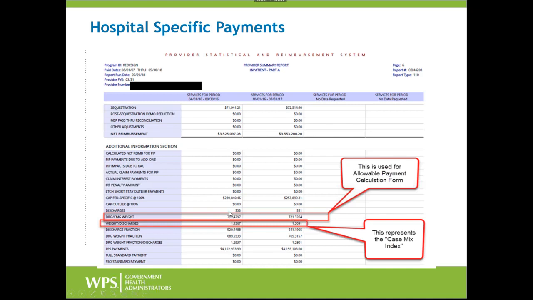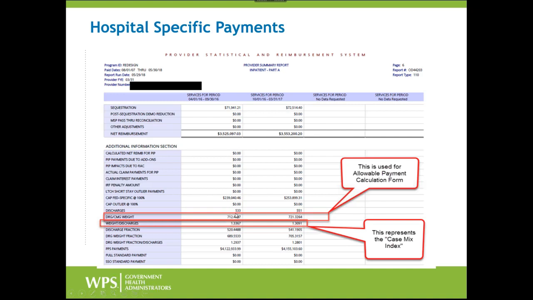Again, that represented a number of discharges. This first column is 533 discharges that generated 712 worth of DRG weight. So what that means is on average, each of the DRGs were more than 1.0. And you can see something similar in the second column.